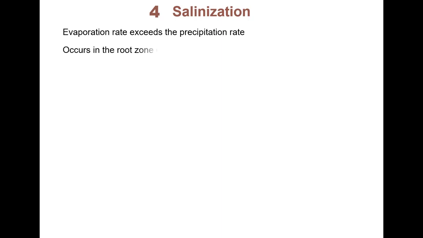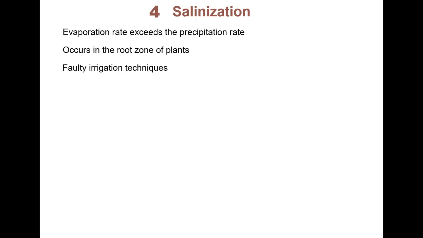Salinization occurs when the potential evaporation rate exceeds the precipitation rate, which allows salts to accumulate near the soil surface. Salt build-up occurs in the root zone of plants or creates saline water tables under irrigated fields.